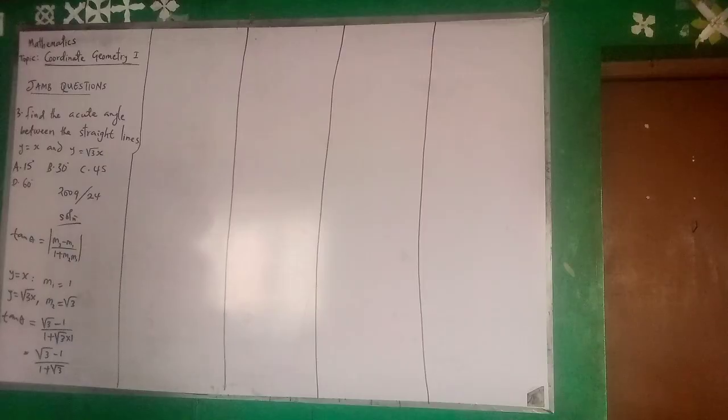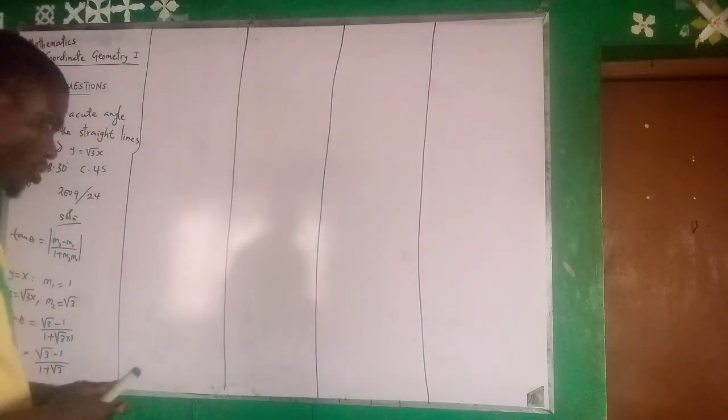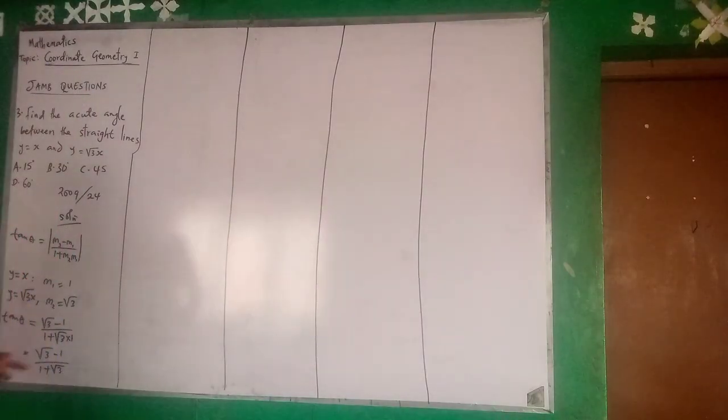Now under surds they taught you how to rationalize a surd of this form, and that will be by getting the conjugate of this.